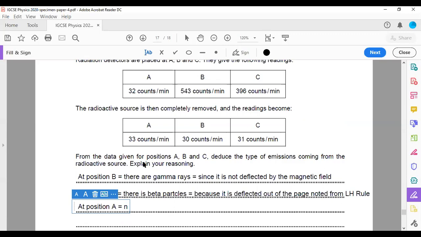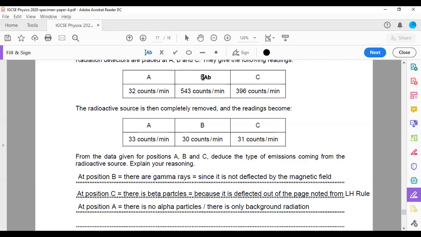So at position A, there are no alpha particles, we can say there is only background radiation. Why we say background radiation is because you went from 32 to 33. If it had alpha particles, it would have been far higher. It wouldn't have been 32, it would be much more than that. So it isn't alpha particles.